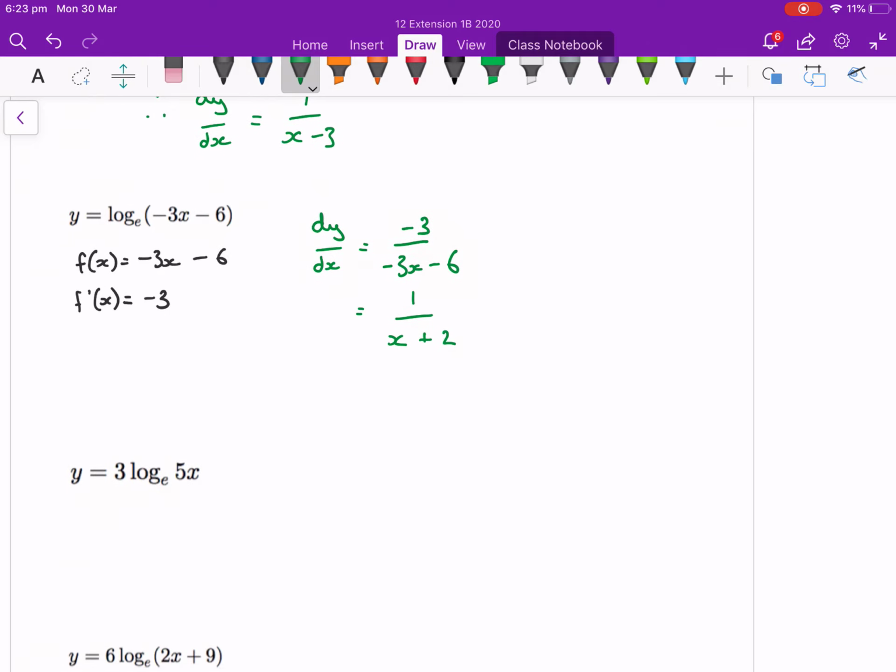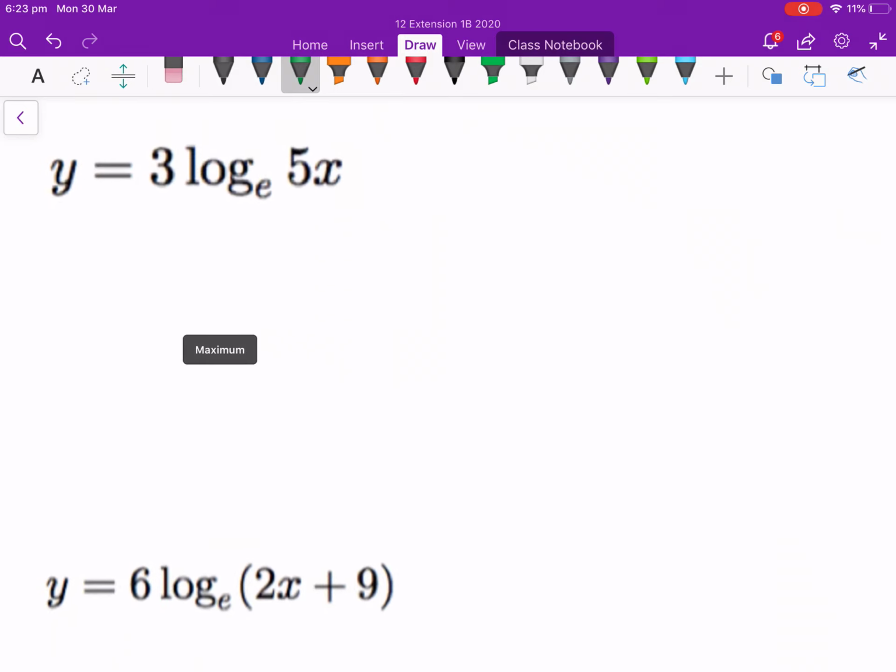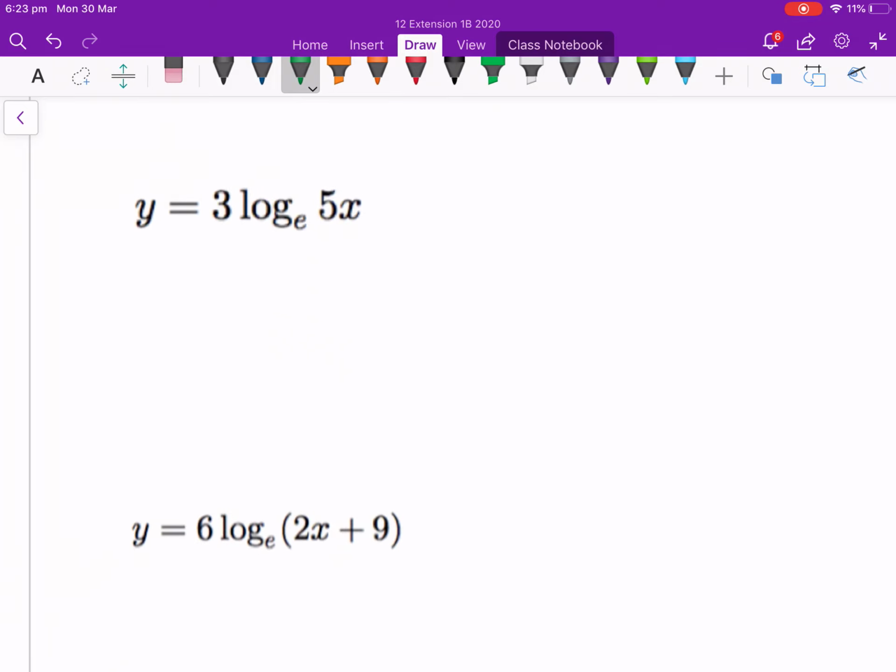All right. Moving on, our next example is y equals 3 lots of log e 5x. Well, this doesn't affect the f of x. So the f of x is still the function within the log. So f of x is 5x. F dash of x is just 5.